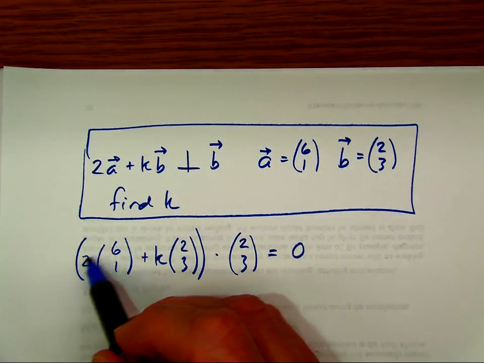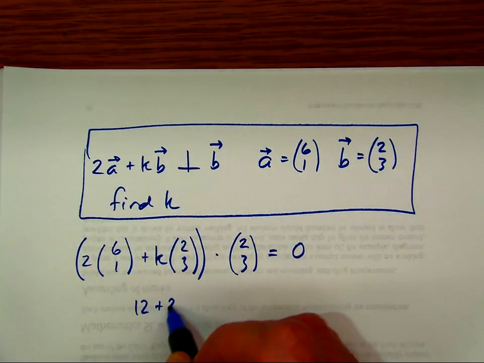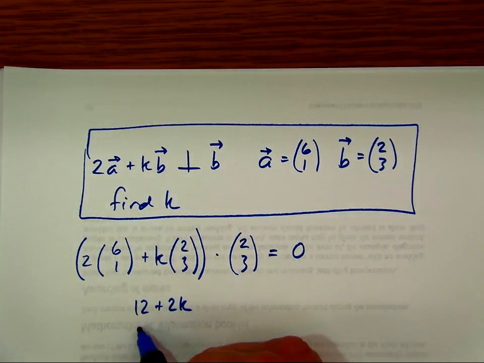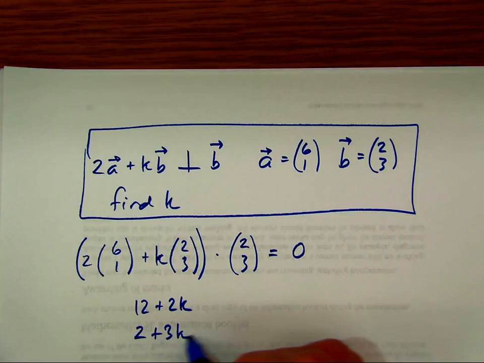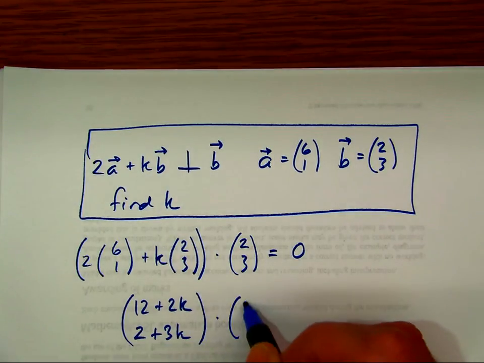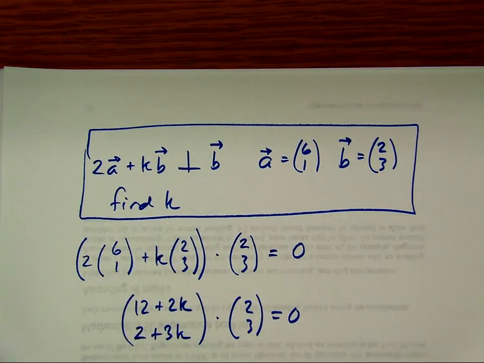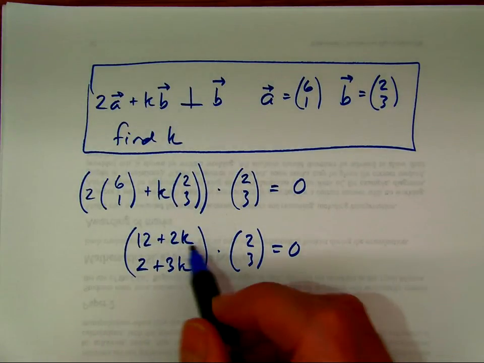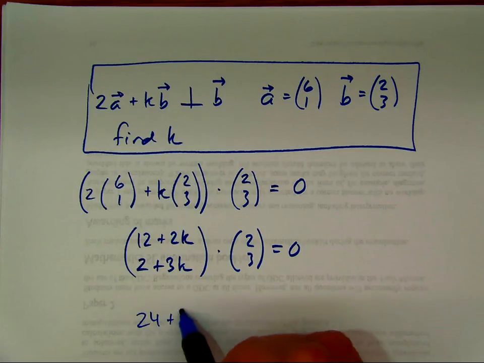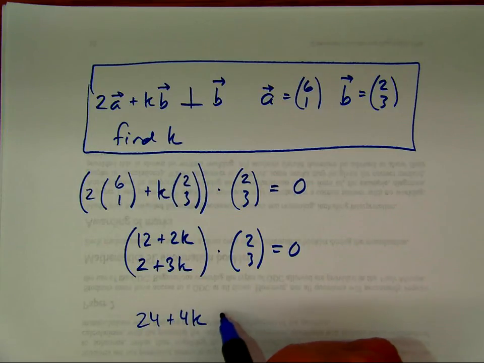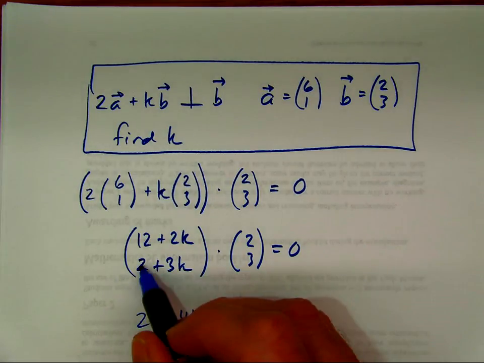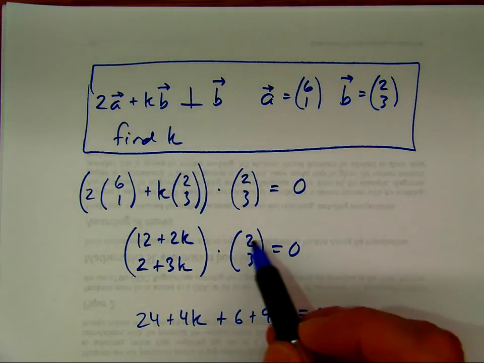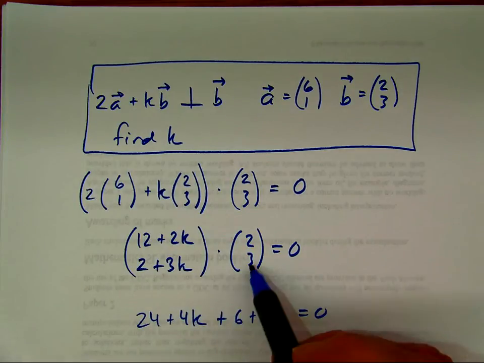Then we have 12 plus 2k. This would be 2 plus 3k. And the dot product is going to give us 24 plus 4k. And this will give us 6 plus 9k. So 24 plus 4k, and we have 6 plus 9k.